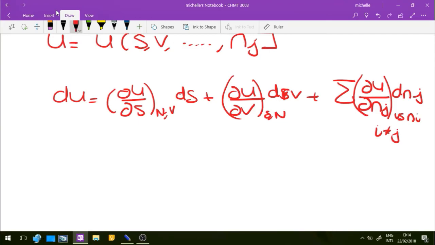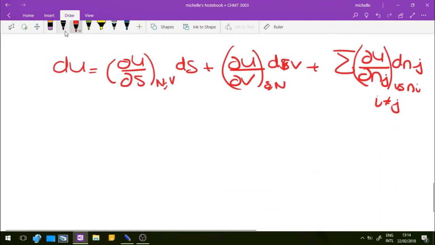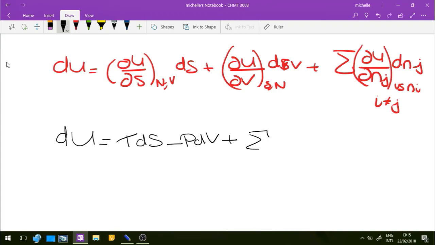So this is to show you that if you have a mixture, your equation that we showed earlier, du, can also equal TdS minus PdV plus the summation of mu dnj.